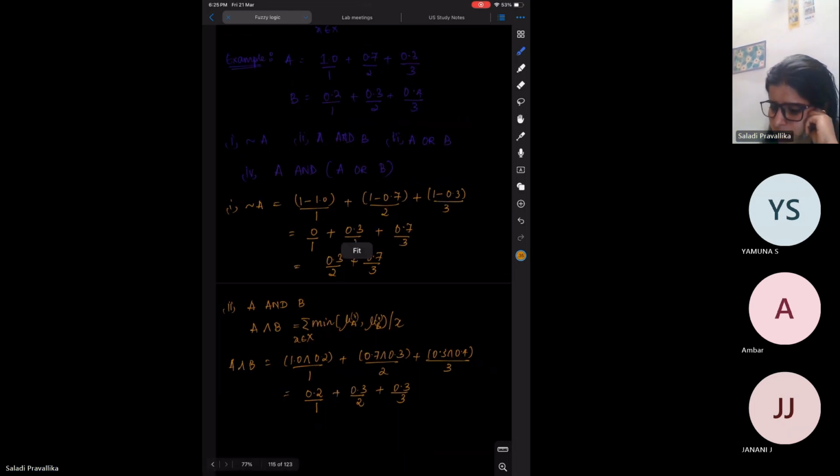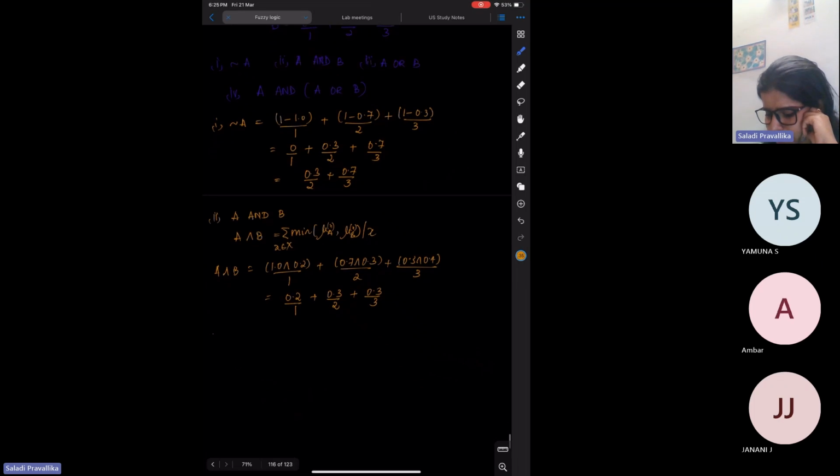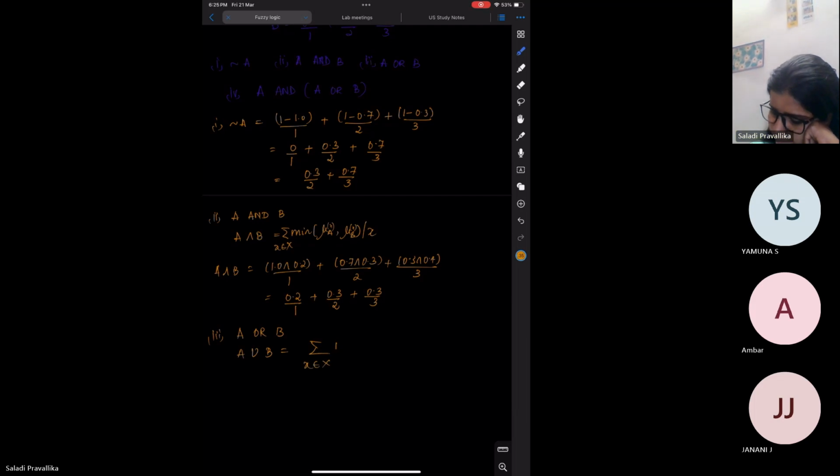So let's do OR. A or B: you take the union. Union is nothing but the maximum value of two given membership values for a given x.